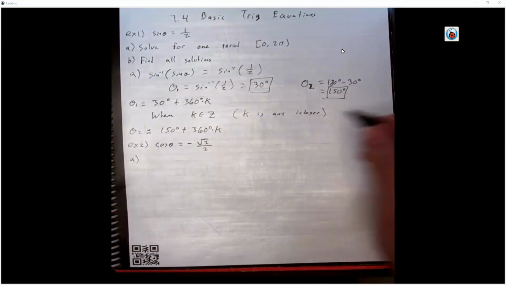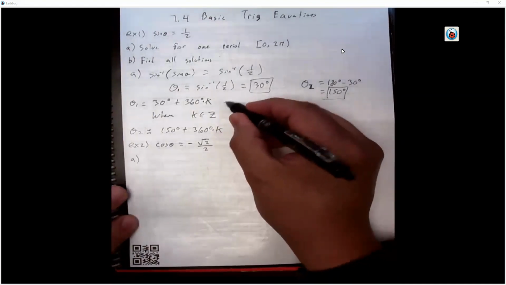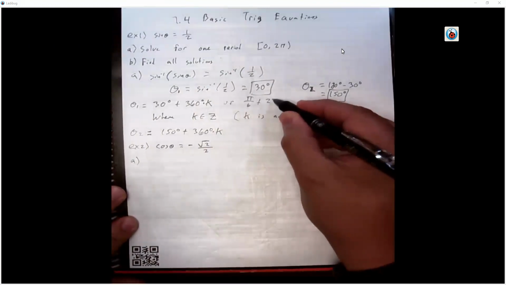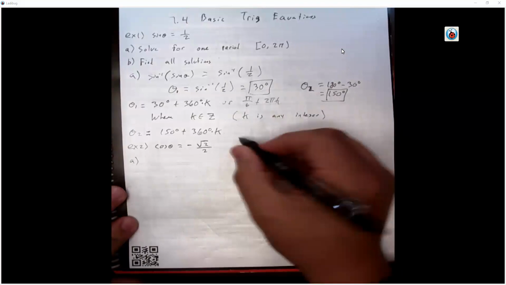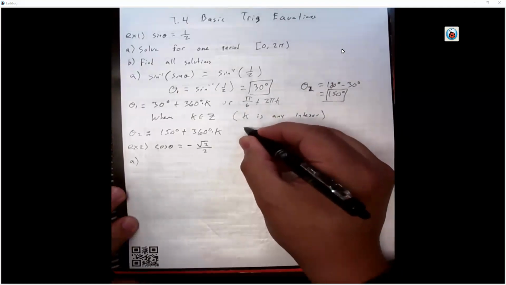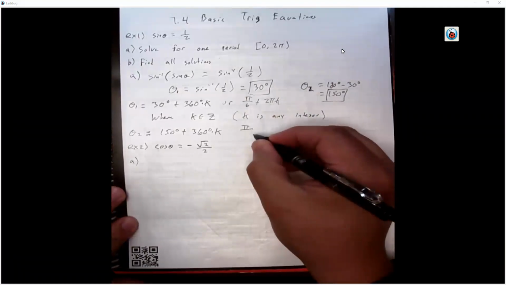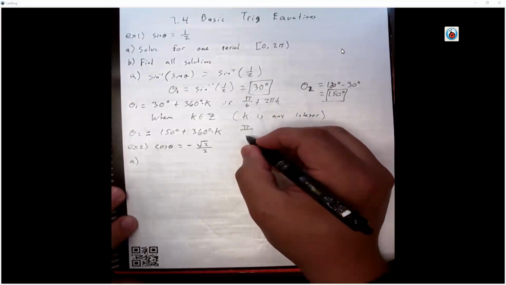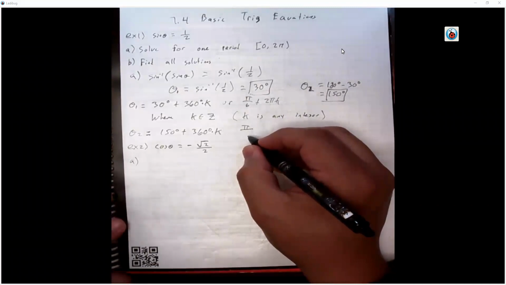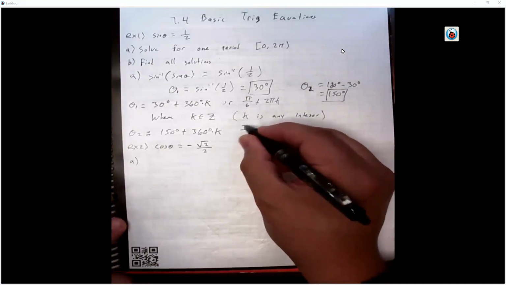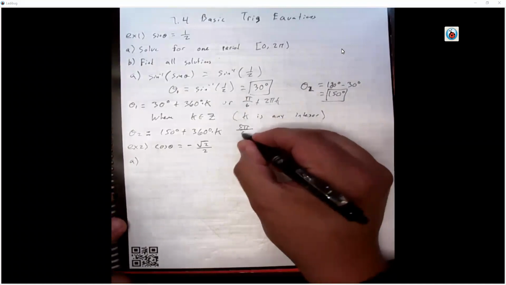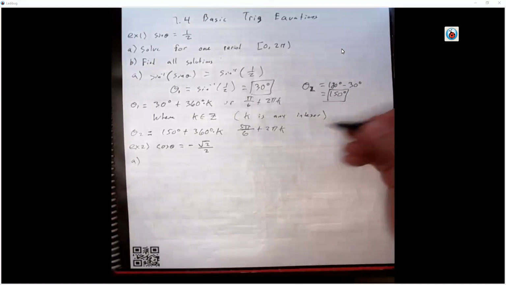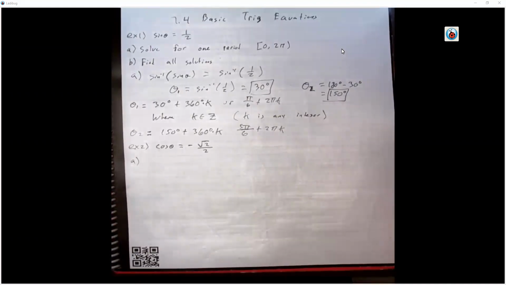So instead of 360 you could say 5π/6 plus 2πk. If you want to use radians, you can. Either way, doesn't matter.